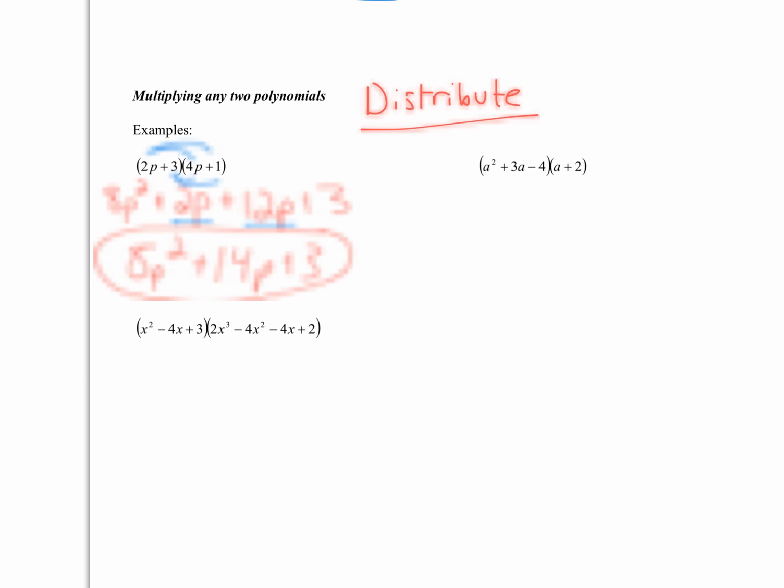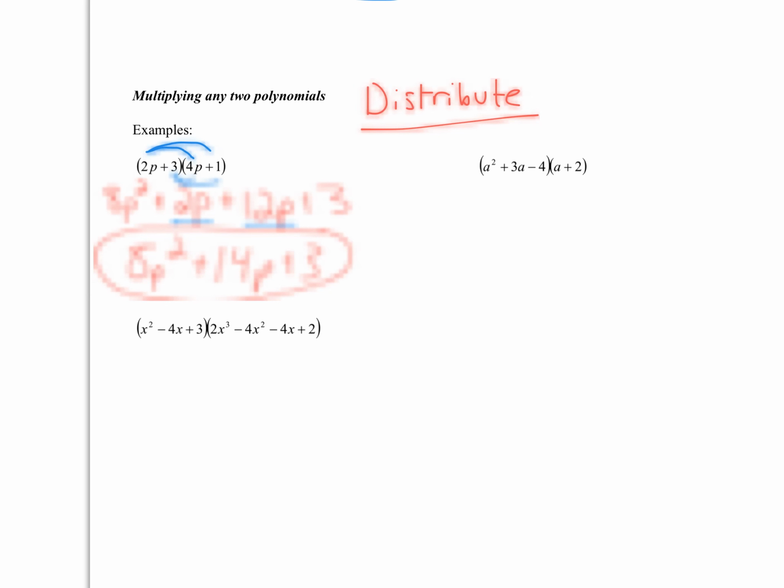It just might be more involved now than it was in the last examples. So when we distribute, we want everything to be multiplied from one polynomial to the other. So that means this 2p gets multiplied by 4p and gets multiplied by 1. So let's do that first.